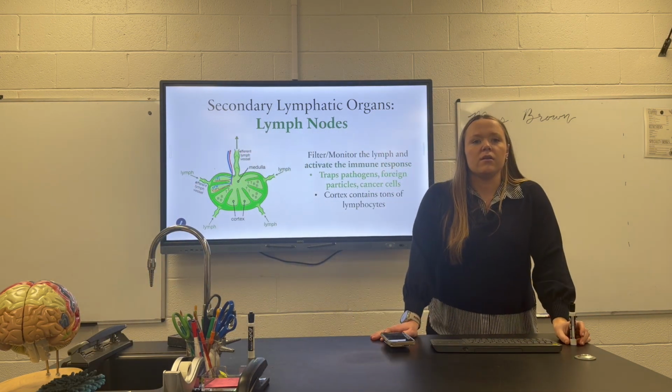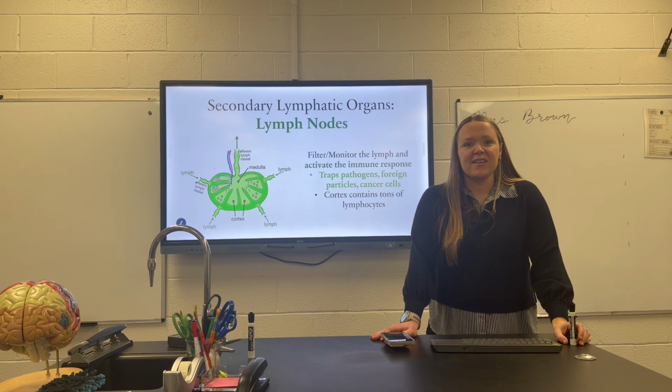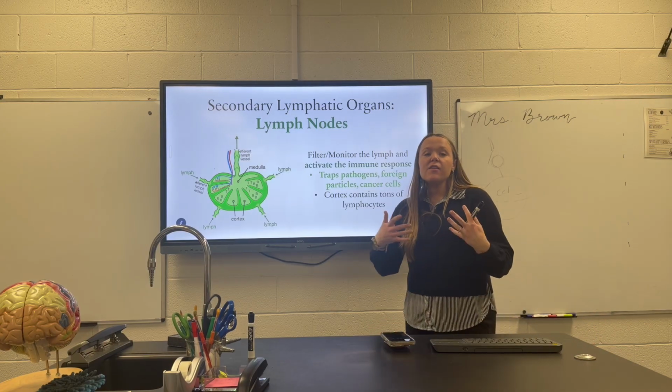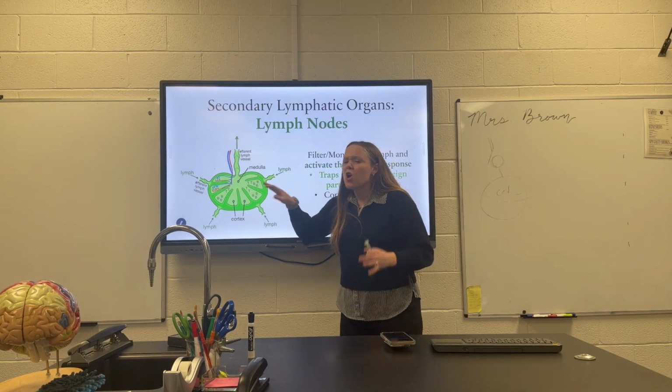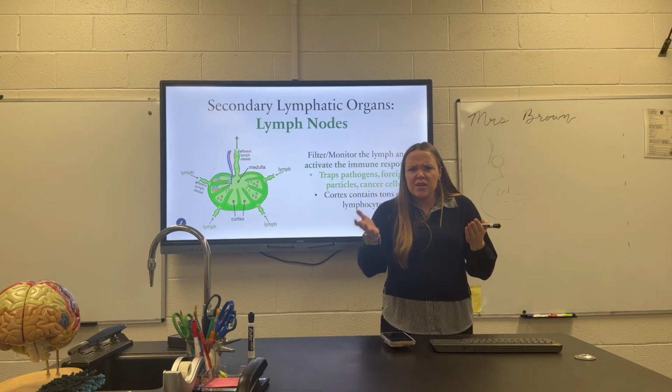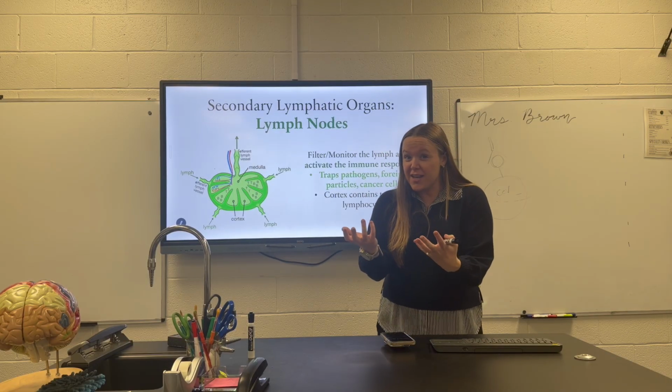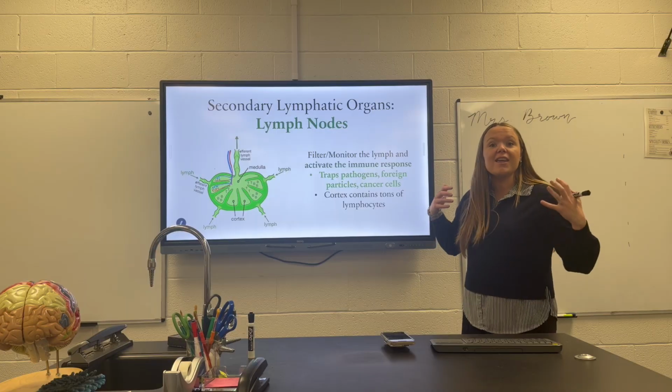It gives it a really good opportunity to check out what's in the body right now and mount a response. Exactly. So as the lymph passes through, this gives all the B cells and T cells an opportunity to look at the antigens on the different cells and see if there's a pathogen in there. Is there something that's invading the body?